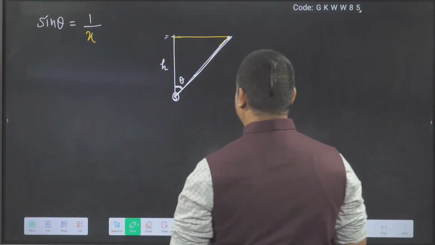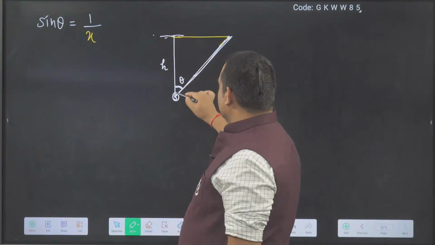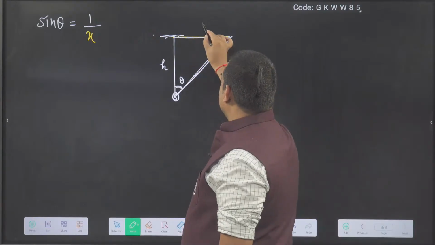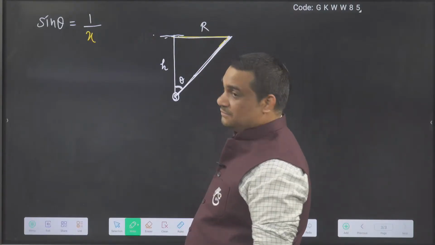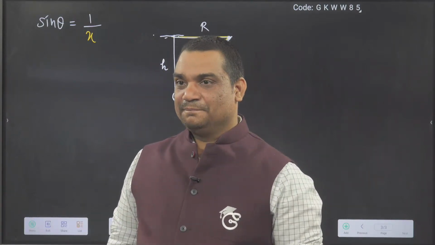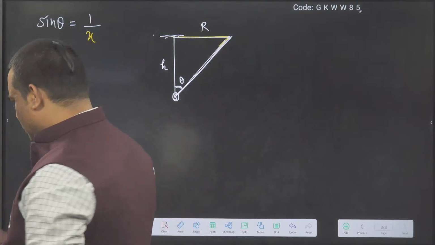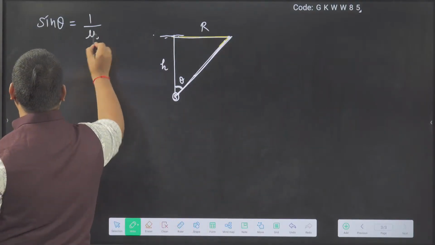This is the theta, this is the h. Some source is kept at this distance, this ray is hitting here, and you need to find this r. They have given sine theta equal to 1 by x, or let me say 1 by mu.